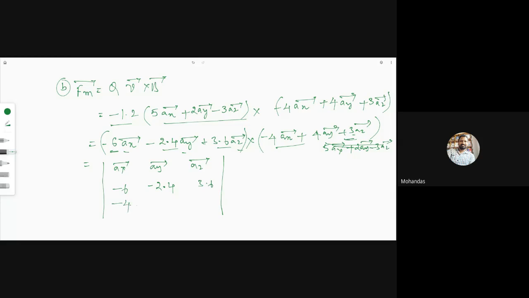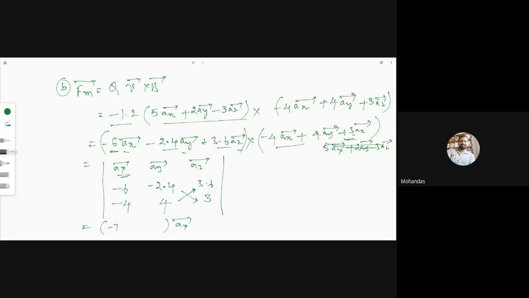How to calculate this determinant here? So this determinant is equal to, please respond, AX into minus 2.4 into 3 minus 4 into 3.6. It becomes minus 7.2 minus 14.4.